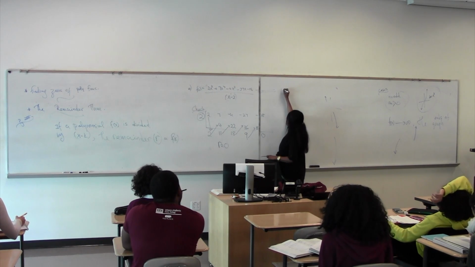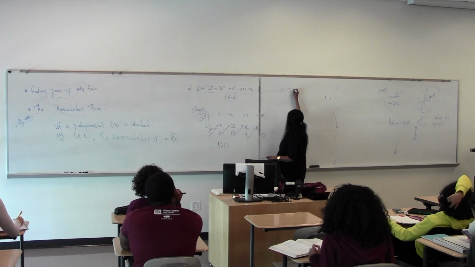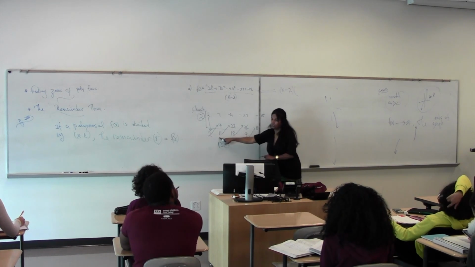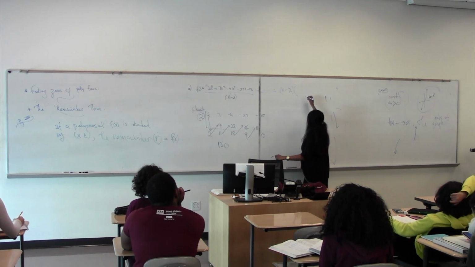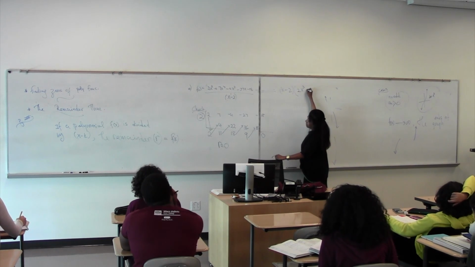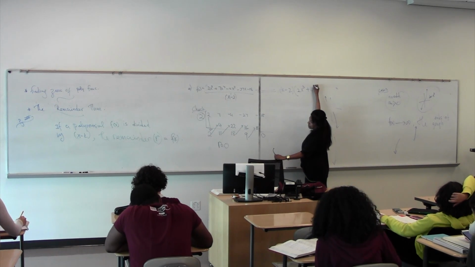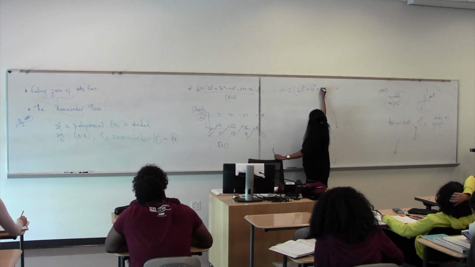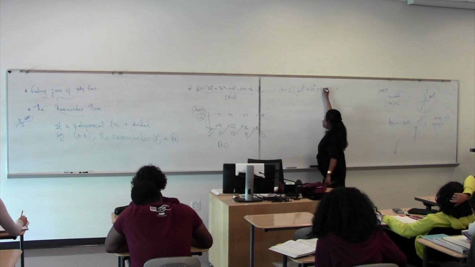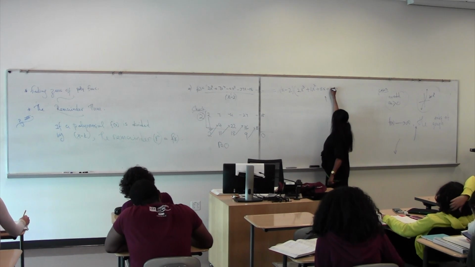I can write it as x minus 2 times 2x to the power 3 plus 11x squared plus 18x plus 9.